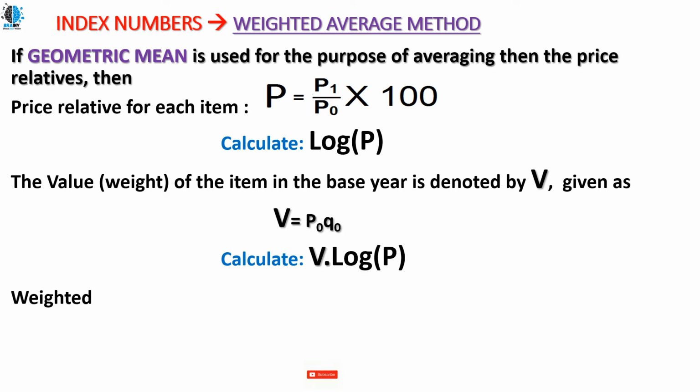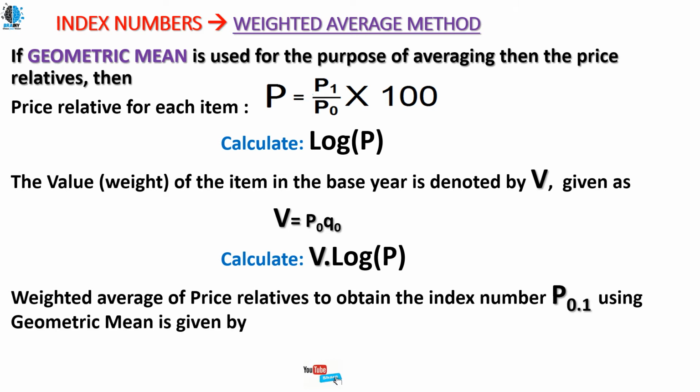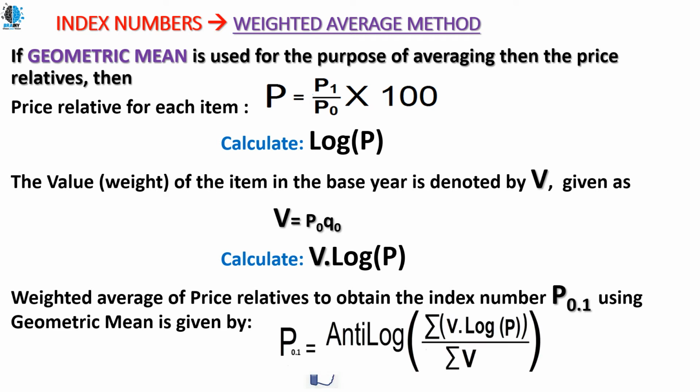The weighted average of price relative to obtain the index number P01 using geometric mean is given by the formula P01 = antilog of (ΣV log P / ΣV). How to read this formula?